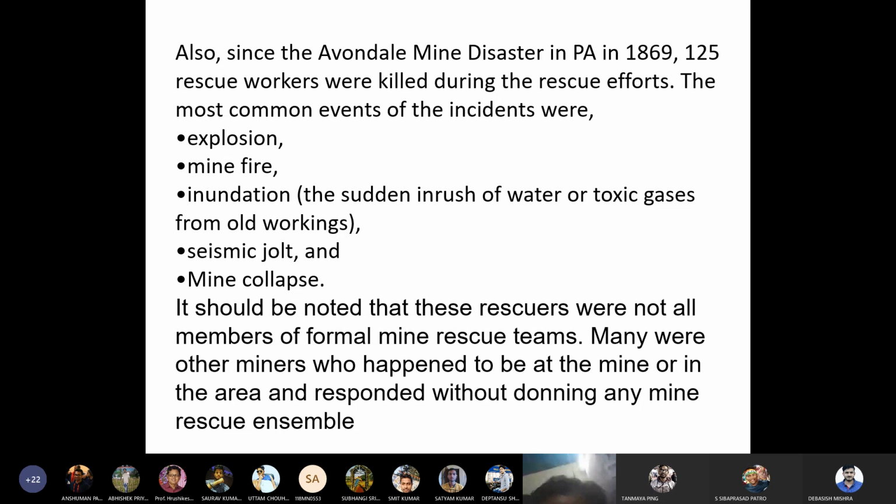Explosion, which we have discussed, includes methane explosion and coal dust explosion. Mine fire includes spontaneous heating and spontaneous combustion of coal. Inundation is flooding of the mine. And there are some seismic jolts like coal bumps, rock bursts, and mine collapse. These are the hazards associated with mining, which we have discussed in great detail.